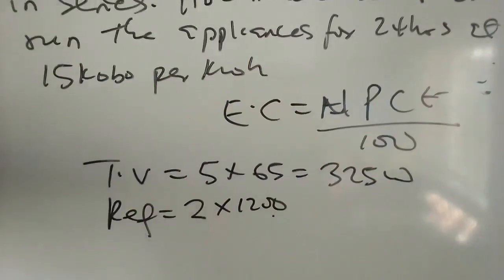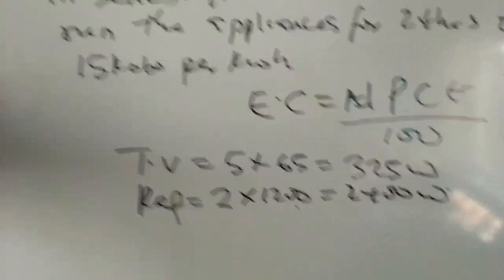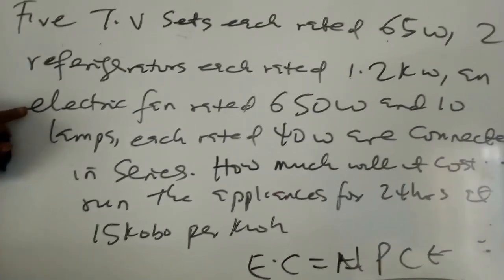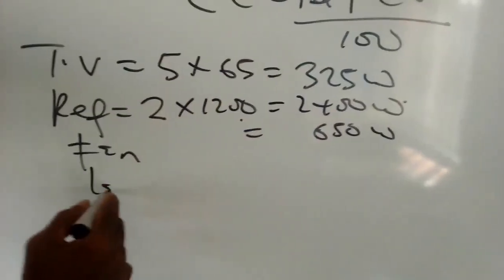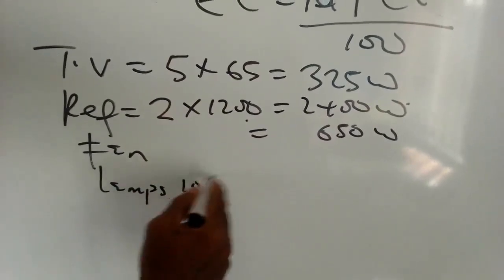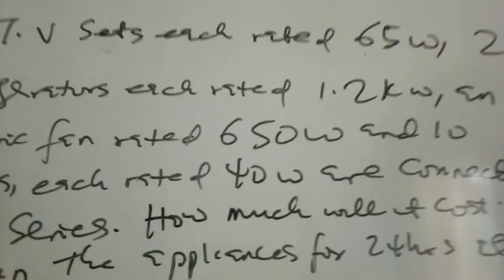So multiply it by 2, you have 2,400 watts. Then a fan: is one fan. The power is 650 watts. Then 10 lamps. The total power for the lamps: 10 lamps rated 40 watts, giving us 400 watts.